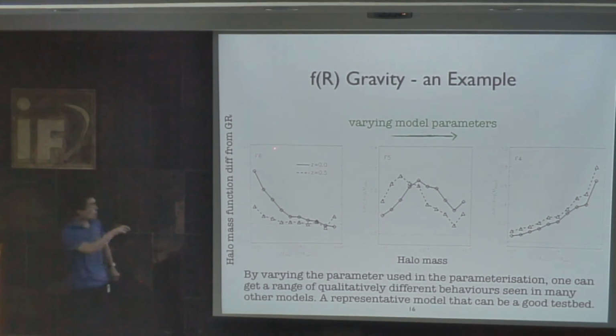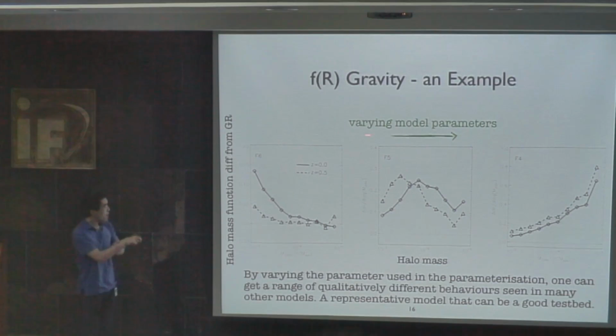Here I give you an example of the model prediction by this model on the halo mass function. If you haven't got to this stage, a halo mass function basically describes the number of dark matter halos as a function of the halo's mass. A halo is basically the simulation counterpart of a galaxy cluster or galaxy group in observations.